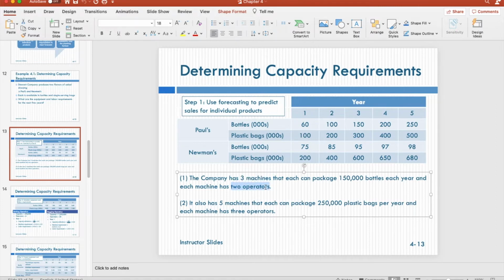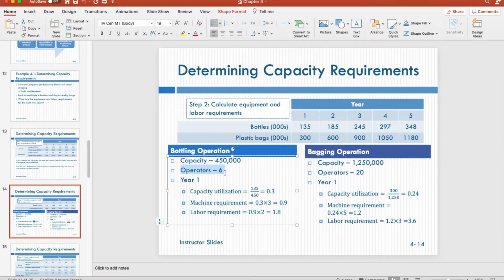So how many operators in total can help us monitor the whole procedure? 3 times 2, which is exactly 6. That's why the operators shown here is 6. This is the total number of operators that can help us produce the bottle material. So these are the capacity and operators.